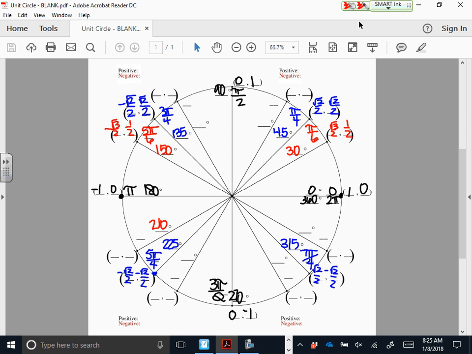Which would be 7 pi over 6. All right. And if we have our radius matched up with our hypotenuse for their 30-degree angle, you can see that we move left radical 3 over 2 and down 1/2.